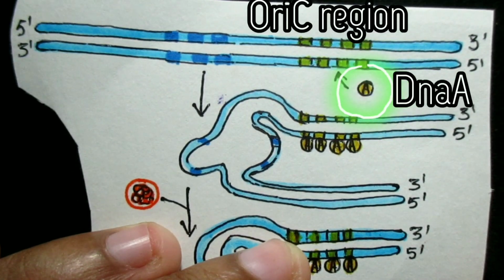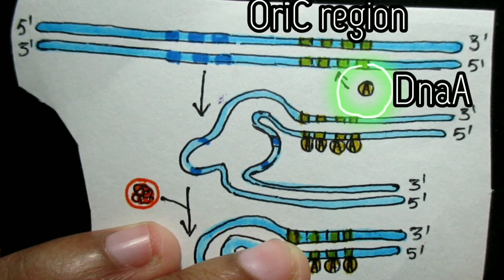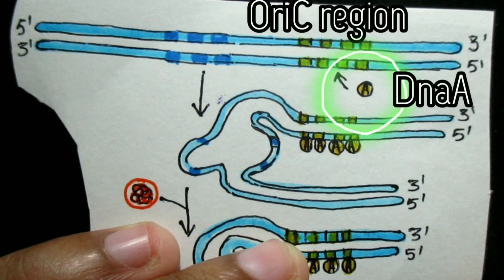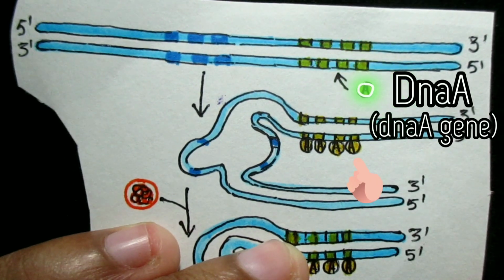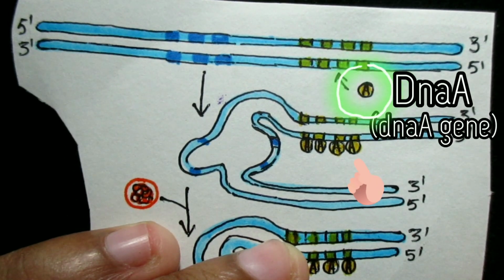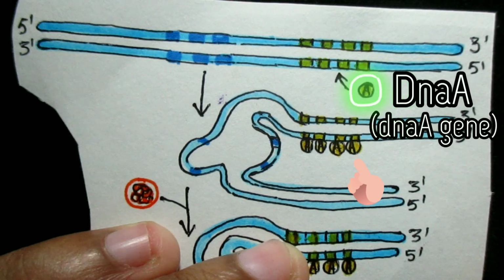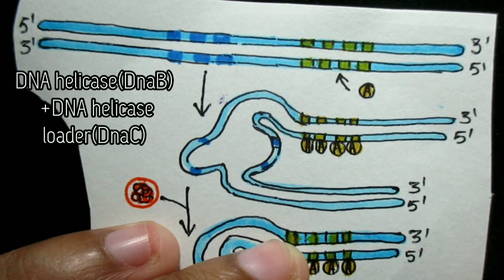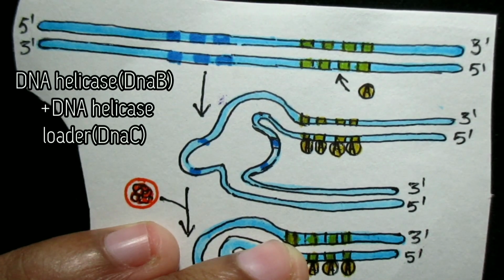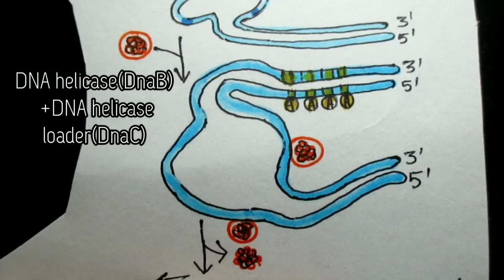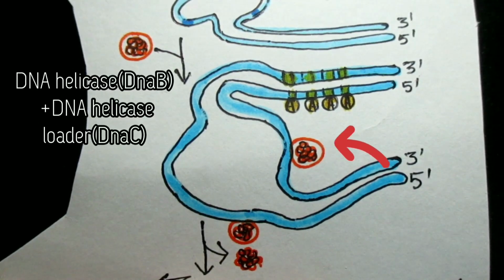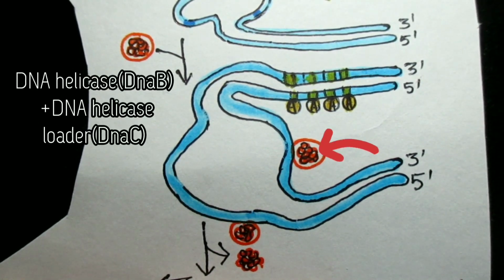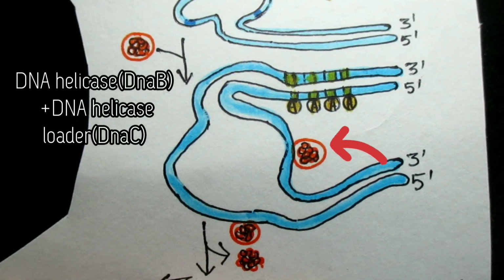The E. coli initiator protein is DnaA, which is encoded by the dnaA gene, which binds to the 9 base pair region in multiple copies, leading to the denaturing of the region with the 13 bp sequences. DNA helicases, that is DnaB encoded by the dnaB gene, are loaded onto the DNA by DNA helicase loader proteins, which is known as DnaC and is encoded by the dnaC gene.